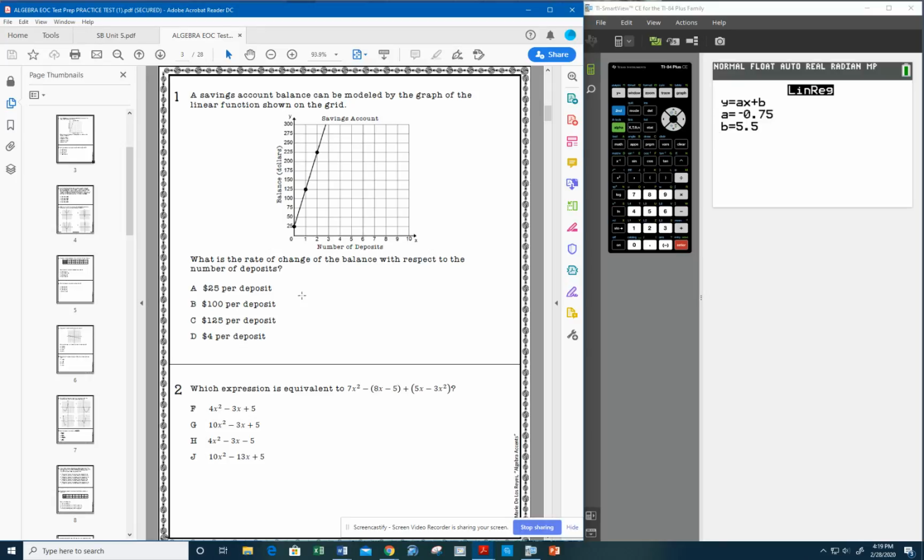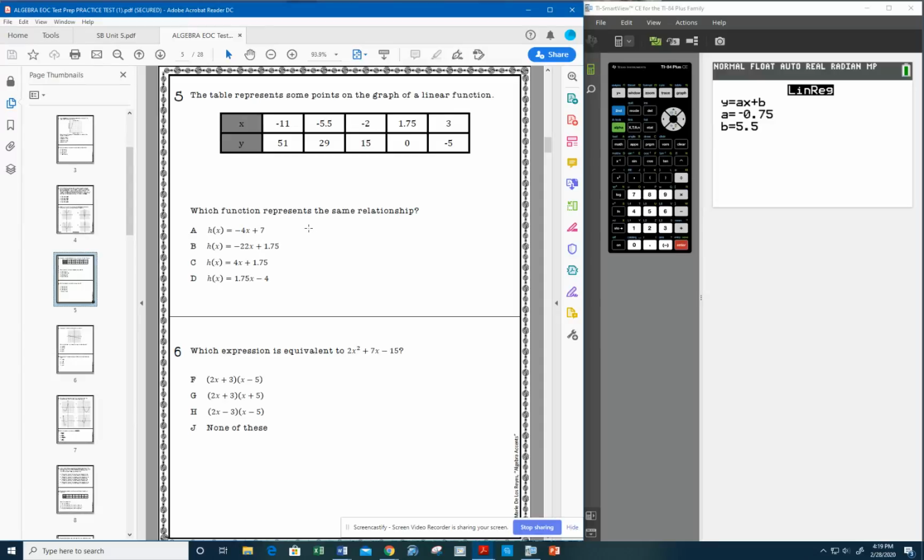The next one, if we look at number 5, this is which function represents the same relationship. We talked about this one a little bit. In a couple of my classes, we talked about this one on Friday, that you could type the equations into your y equals and look at the table for certain points, like -11, 51, -2, 15, and 3, -5, to see if those are right.